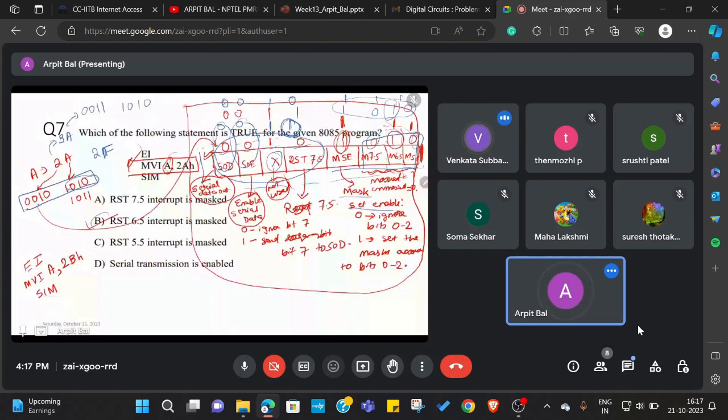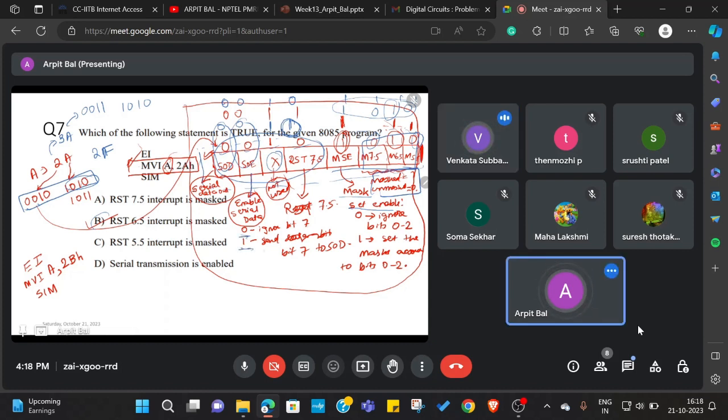If any of the last 3 bits is 1, then it is going to be masked. I have written it here: if it is 1, it is masked; if it is 0, it is unmasked. Similarly for this bit, if it is 0, then ignore bit 7.